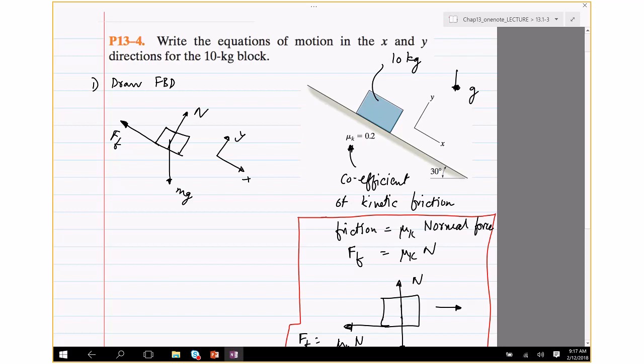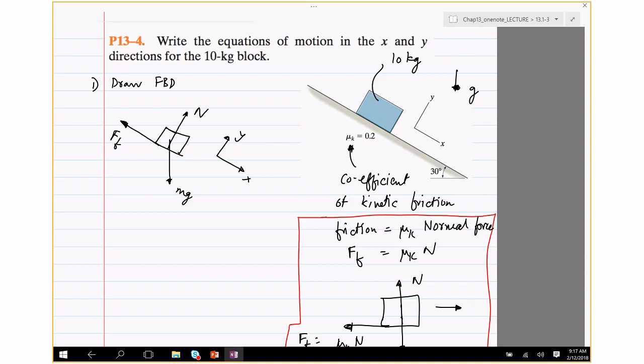Okay, sometimes you're not given a coordinate frame. In this case, you are given a coordinate frame, so it's okay to put it there. But sometimes you're not given that and you need to create your own coordinate frame. Now, there are multiple ways you can have a coordinate frame. One way is to assume that x-axis is along the inclined plane, but another legitimate option is to assume that x is along the horizontal, y is along the vertical, and that's fine too.